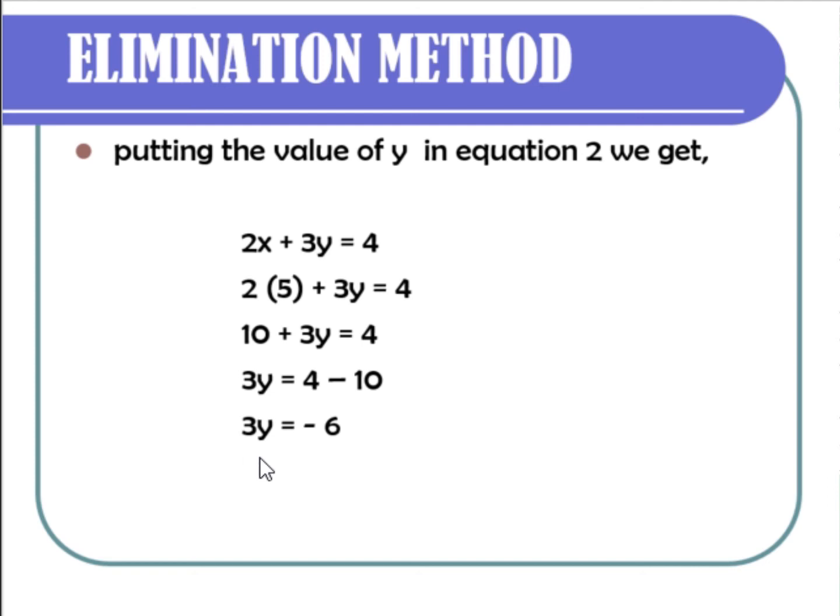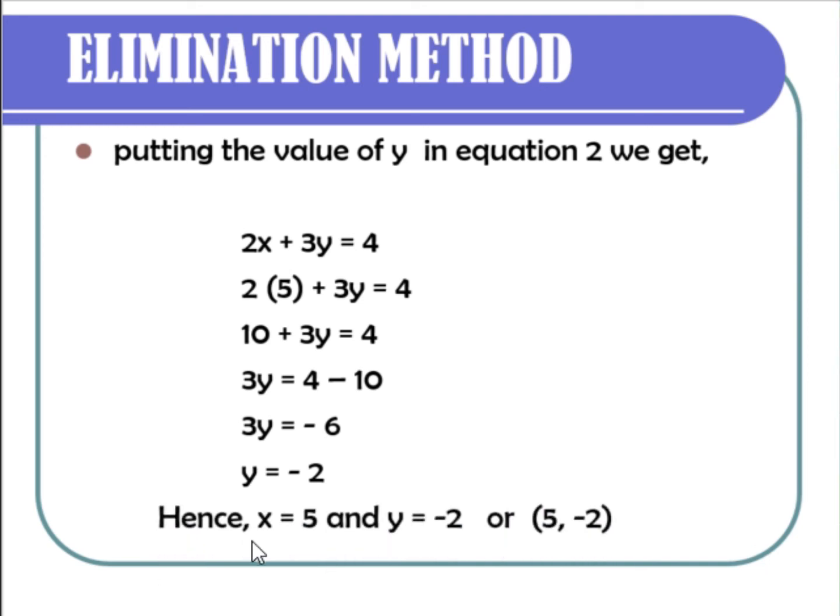So, we'll have y is equal to negative 2. Therefore, x is equal to 5 and y is equal to negative 2, or we have the coordinates 5, negative 2. Let us now check if our ordered pair is really a solution or not.